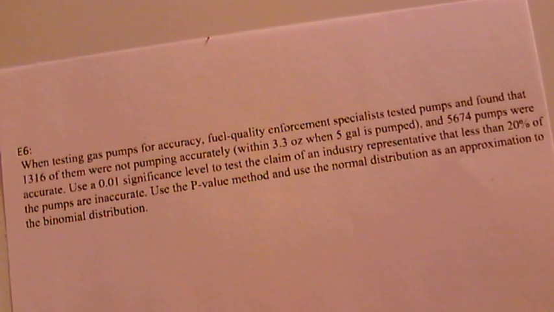Use a 0.01 level of significance to test the claim of an industry representative that less than 20% of the pumps are inaccurate. Use the p-value method and use the normal distribution as an approximation to the binomial distribution.